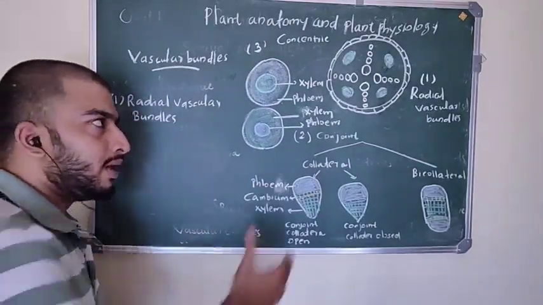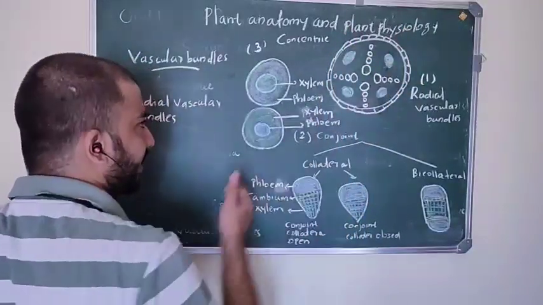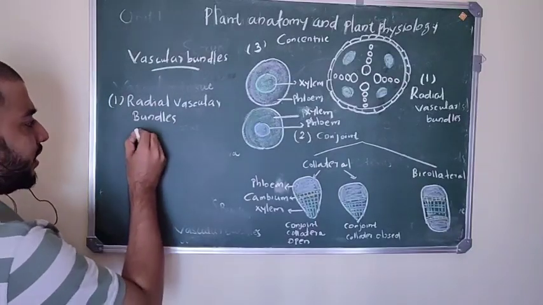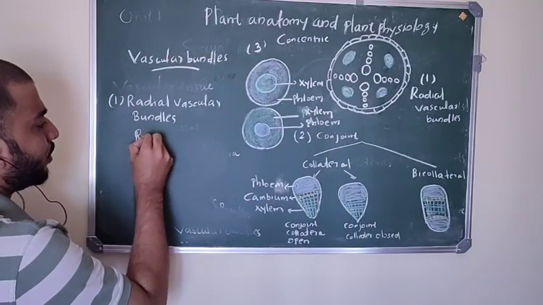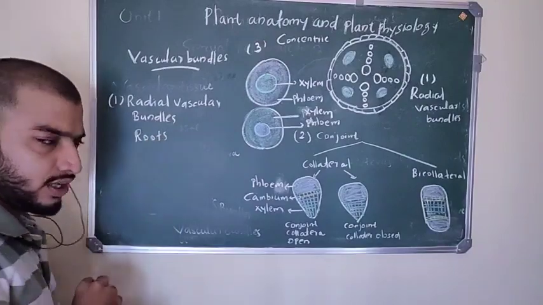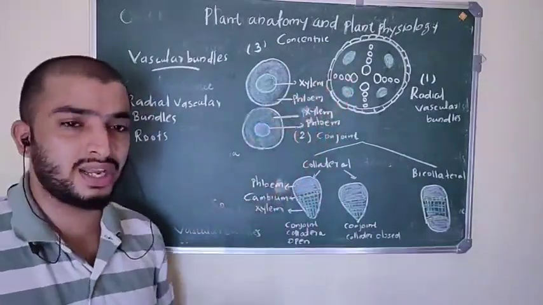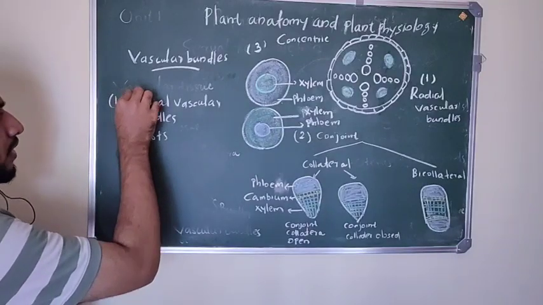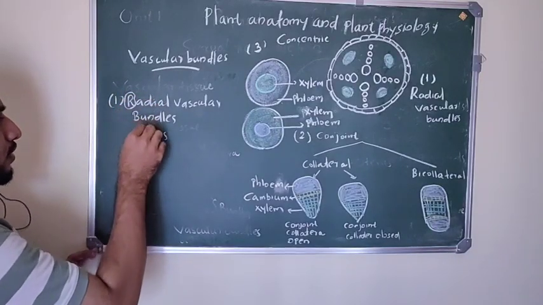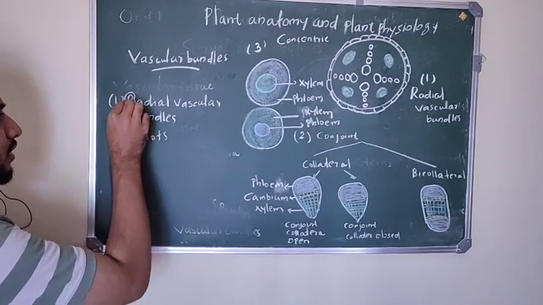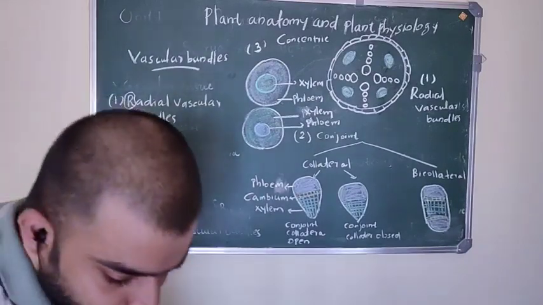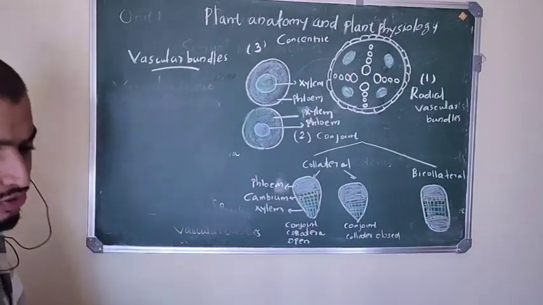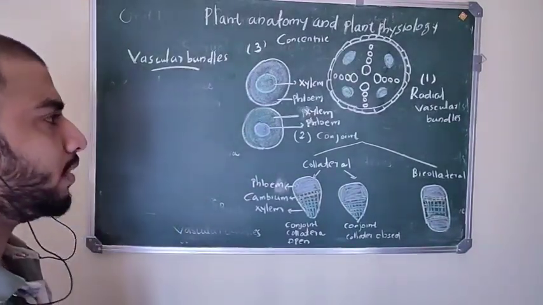Xylem and phloem are in different radii, so it is called radial vascular bundle, and it is present mainly in roots. It is easy to remember the root and radial vascular bundle connection, because both start with the letter R. So that's the first type, the radial vascular bundle.